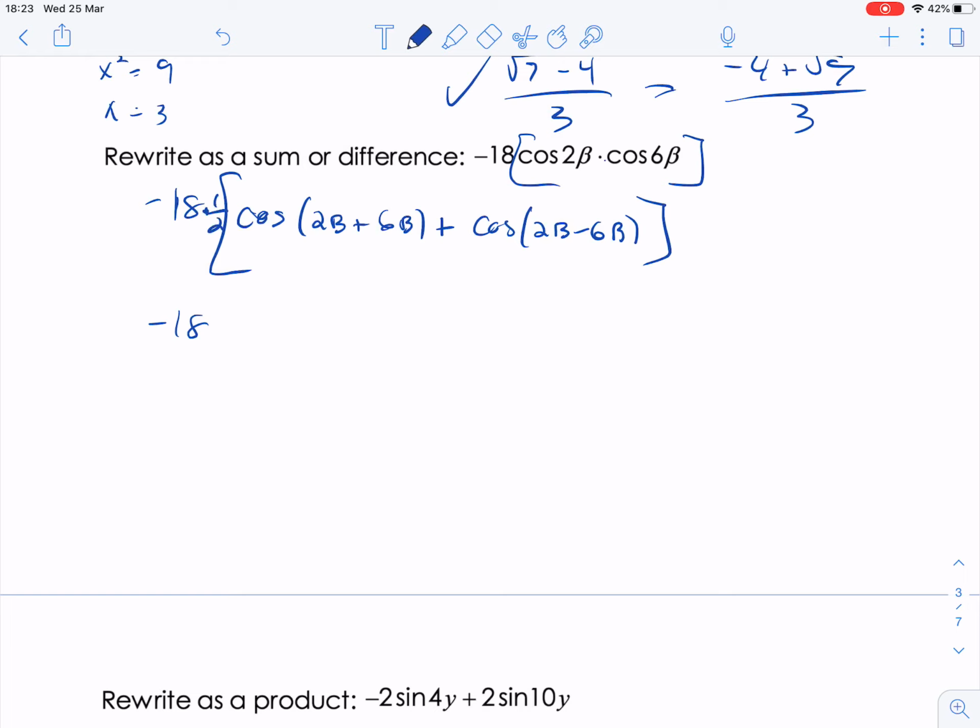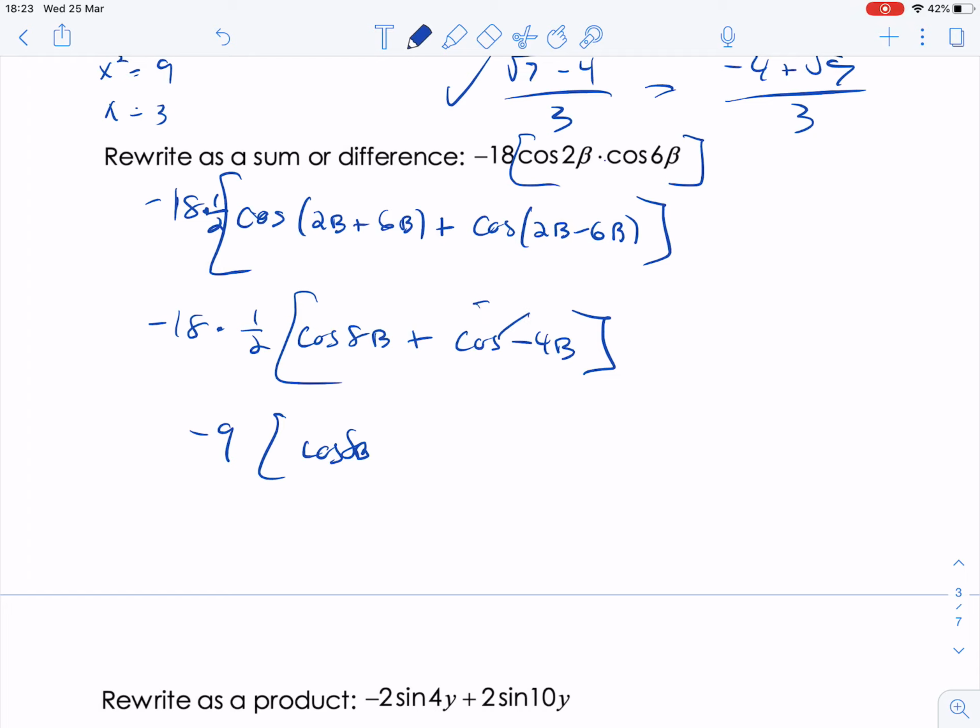Don't forget the 1/2. Negative 18 times 1/2 times cosine of 8b plus cosine of negative 4b. There we go. So we get outside negative 9 times cosine of 8b. So this is an even function, so it stays the same. And then we get negative 9 cosine of 8b minus 9 cosine of 4b. Check.